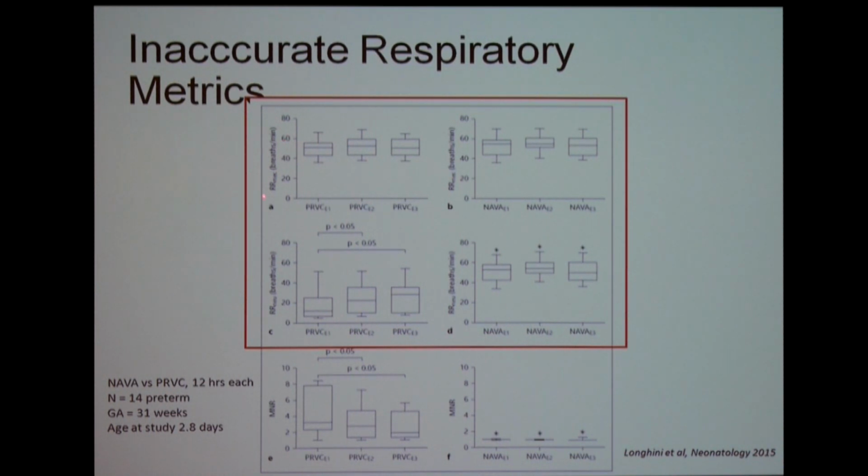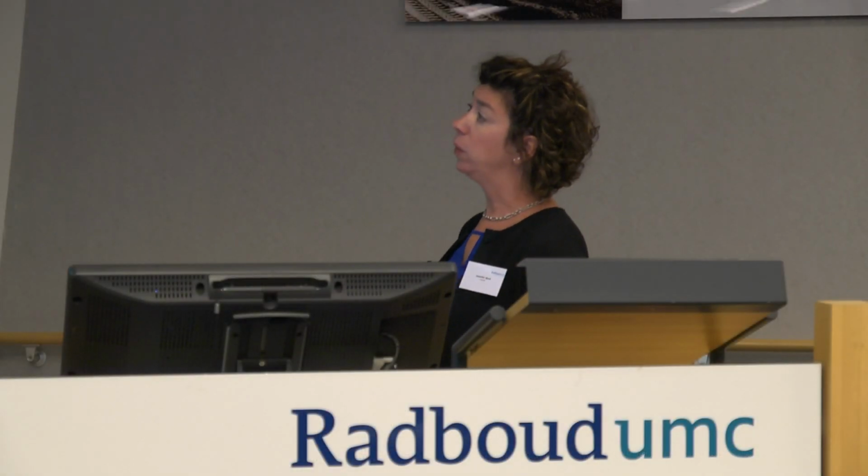What they did was they did 4 hours of PRVC and 4 hours of NAVA split into different epochs. And they looked at the mechanical respiratory rate, which is the ventilator respiratory rate, and the neural respiratory rate. And you can see clearly the difference between the two on PRVC, whereas during NAVA, there was no difference between the two. So for accurate respiratory metrics, it's very important to keep in mind that the ventilator rate is not necessarily the patient rate.